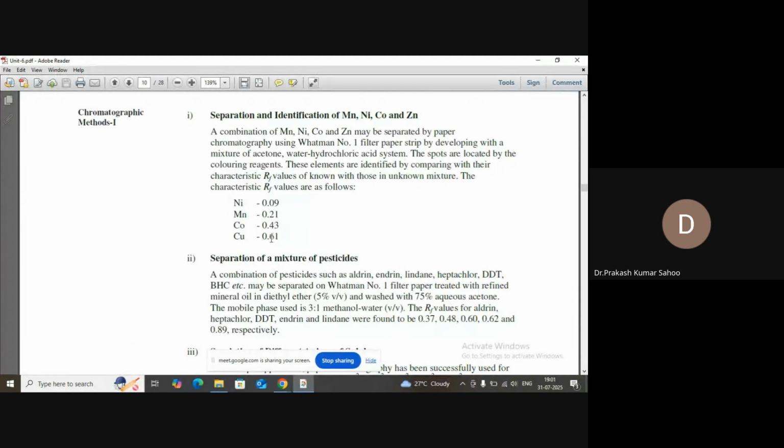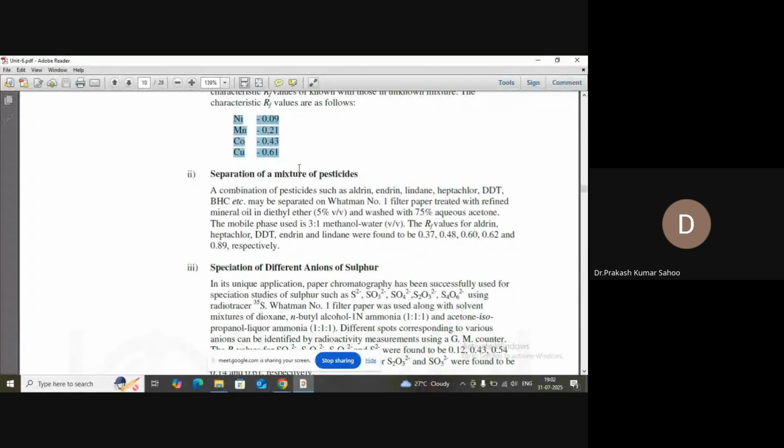In the same way, we have separation of manganese, nickel, cobalt, and zinc using retention factor values. Then we have separation of a mixture of pesticides like aldrin, endrin, lindane, heptachlor, DDT, dichlorodiphenyltrichloroethane, and benzene hexachloride, BHC, by using Whatman 1 paper as the supporting medium, and diethyl ether and acetone in a 75% and 5% ratio.